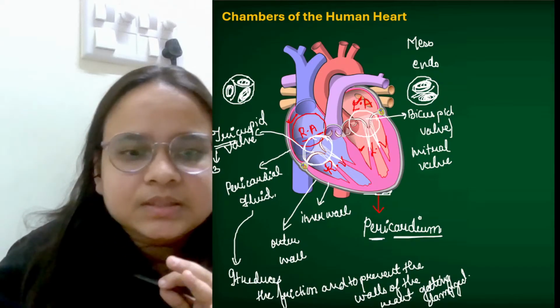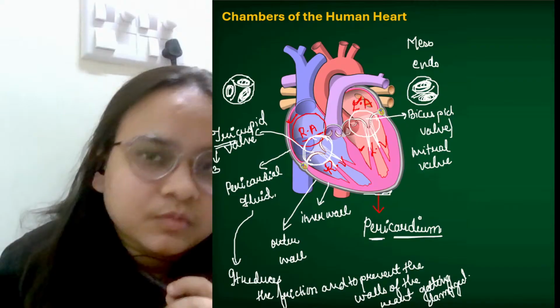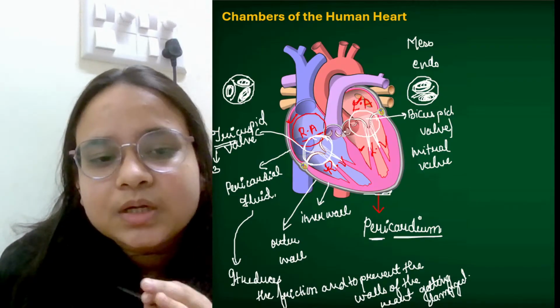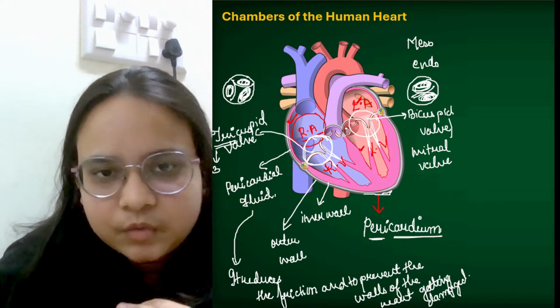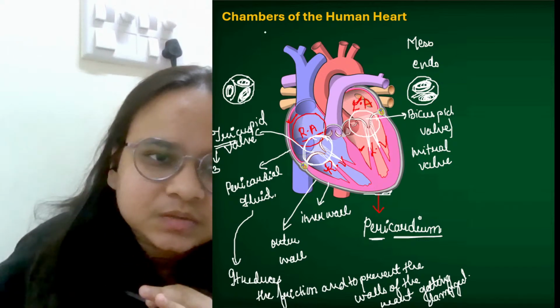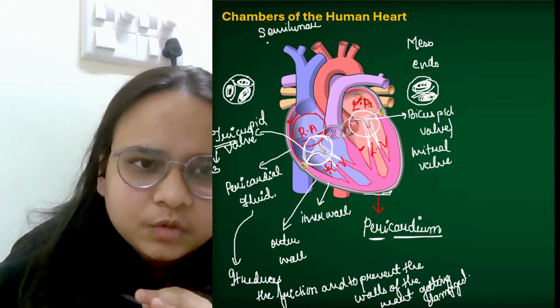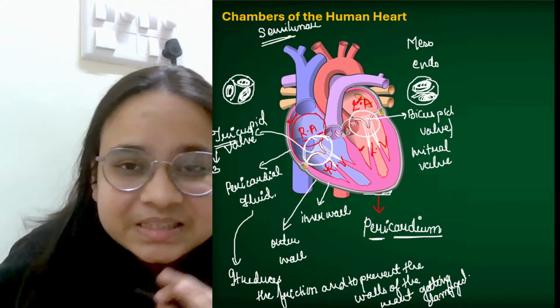Fine. Now this is not enough. We have two more valves, called semi-lunar valves. If I emphasize this word, semi-lunar: semi means half.